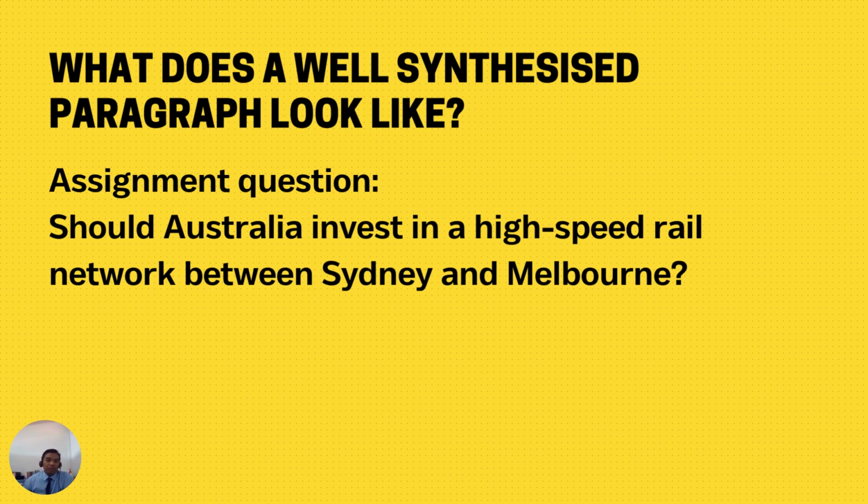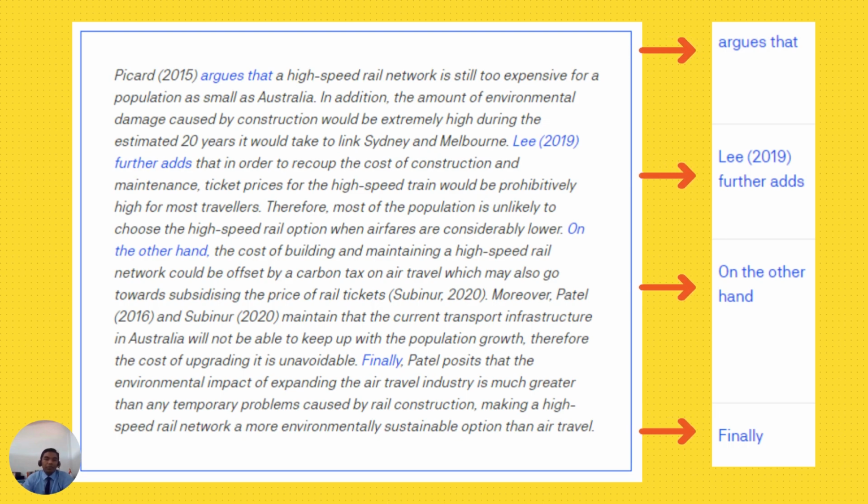So the paragraph will be like this one. Pickard, 2015, argues that a high-speed rail network is still too expensive for a population as small as Australia. In addition, the amount of environmental damage caused by the construction would be extremely high during the estimated 20 years it would take to link Sydney and Melbourne.